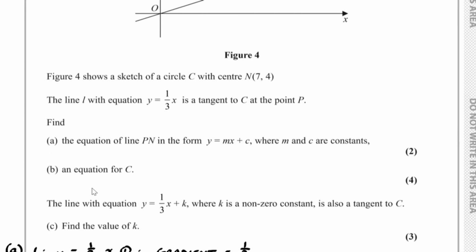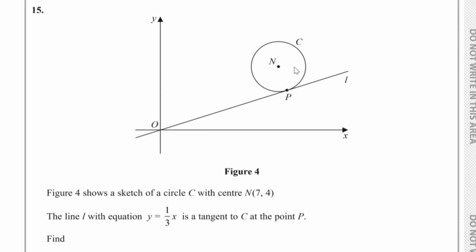And now for part B of the question, we have to find an equation for C. Well, before we do anything else, we need to find out the length of NP, which is the radius. Now we know that N has coordinates 7, 4, and we can find out the coordinates of P by solving this equation with this equation simultaneously.